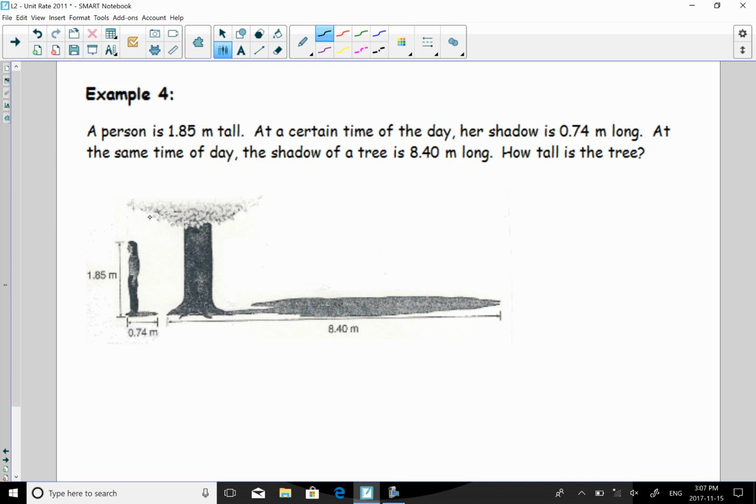So here's one picture of the person, and here's a picture with the tree. So we don't know the height of the tree. We'll call that x. We're going to let x represent the height of the tree.